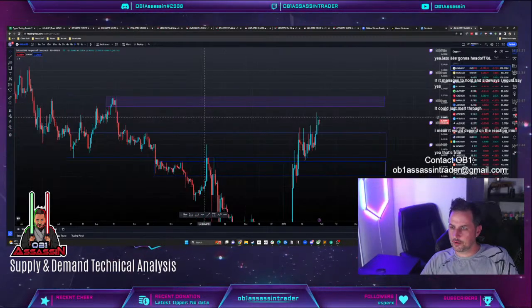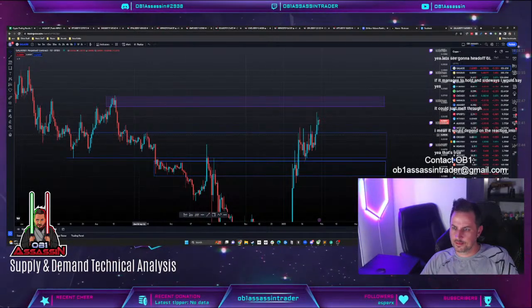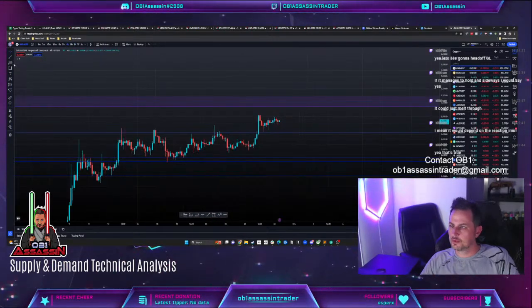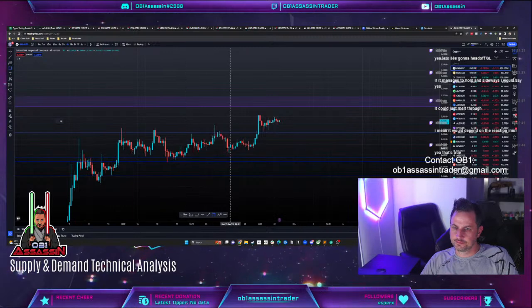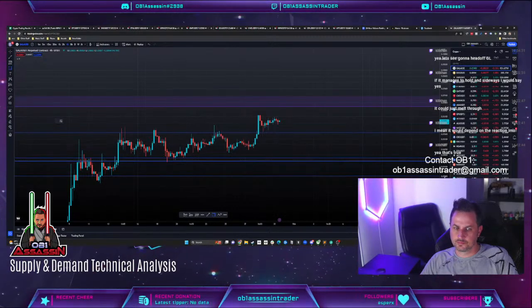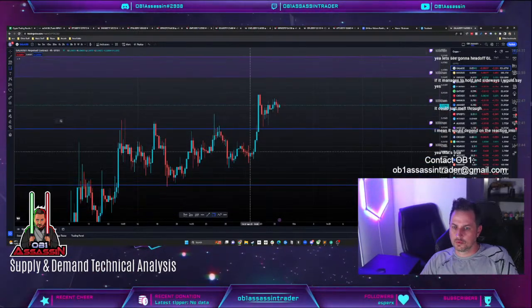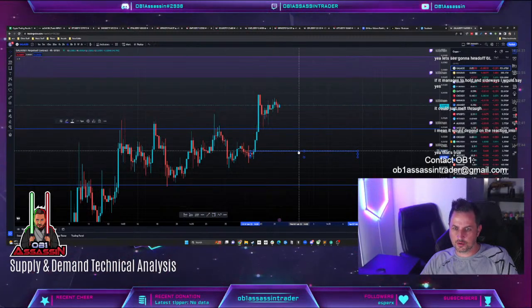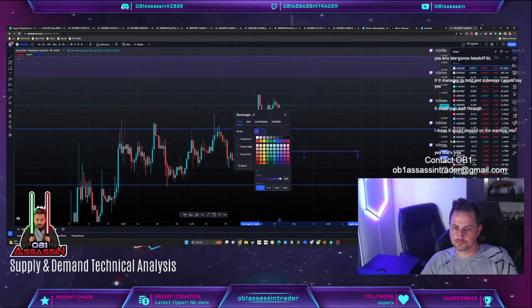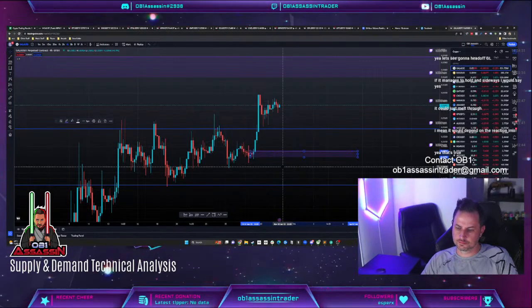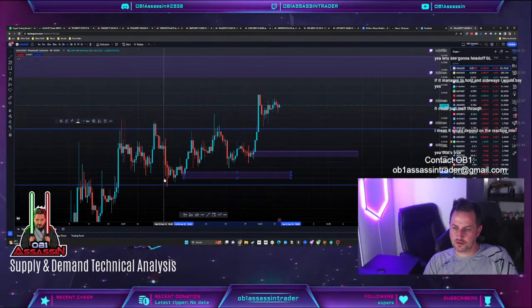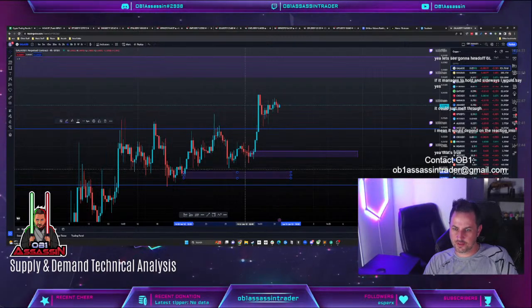Okay, now for auto blocks. Going down to the 4-hour zone. Got a fresh auto block right here, unmitigated, ready to go. Another one down there at the support level, that's the support zone.